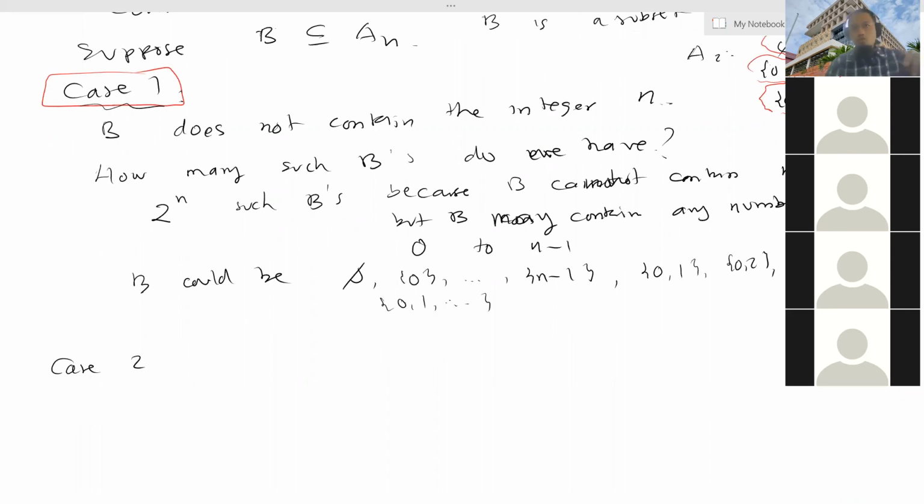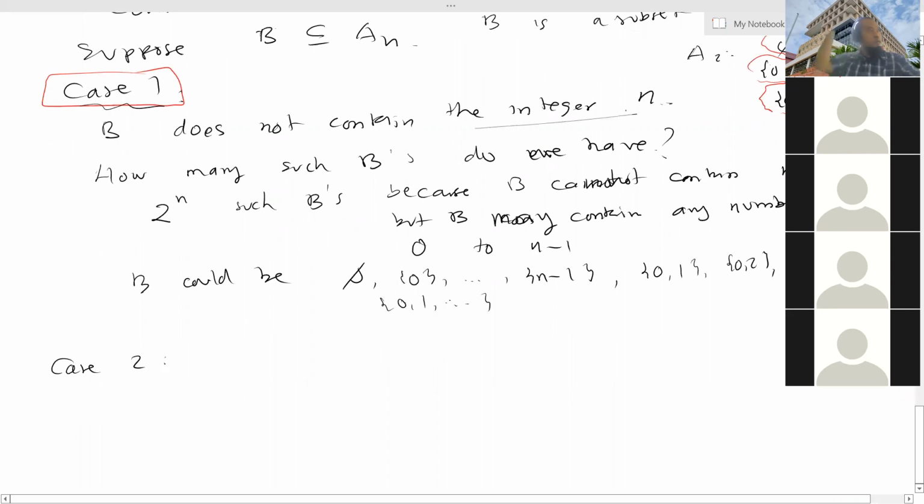So what about case 2? B doesn't contain the integer n. Sorry, B contains an integer n. So B contains the integer n.